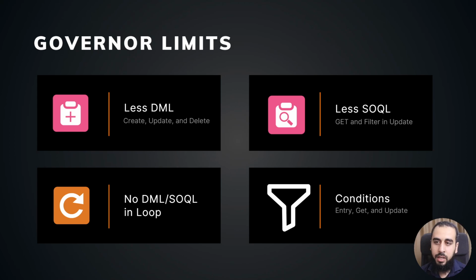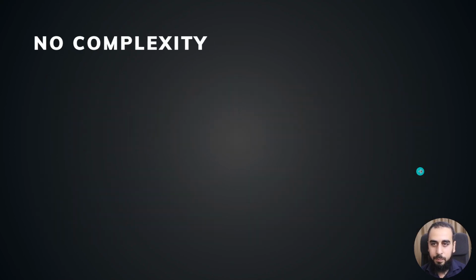There might be 100,000 records in the system, which means the flow is going to crash. That's an error. To avoid that error, we need to add conditions to reduce that number from 100,000 to 50,000. And if you have 50,000 records, but you only need 25,000 of those, then reduce it even further. Keep adding all possible conditions that you can think of in get elements, in entry conditions, and in update elements.